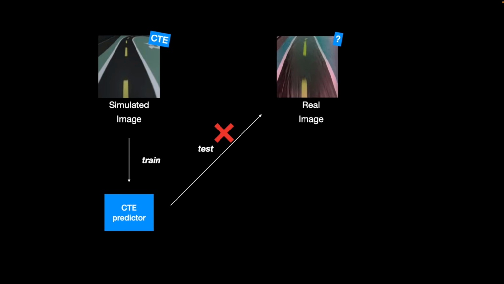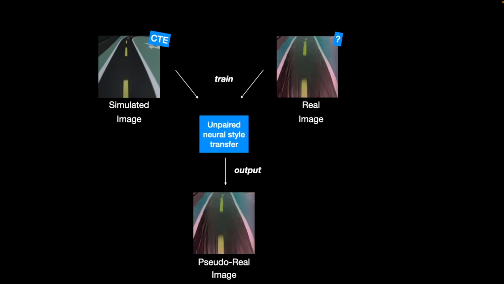So we would need a way to automatically map an arbitrary simulated image into the corresponding one in the real world, which is also likely impossible to do, especially for many images. So what we thought about doing is to fool the network into believing that the image is drawn from the real distribution when it is actually generated automatically by a neural style transfer technique.